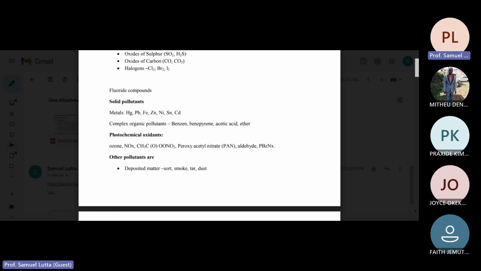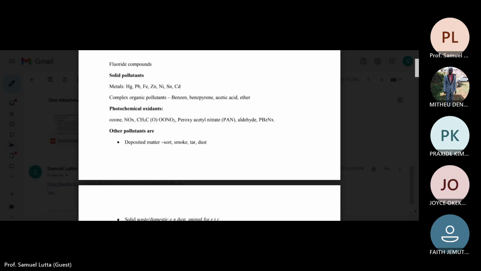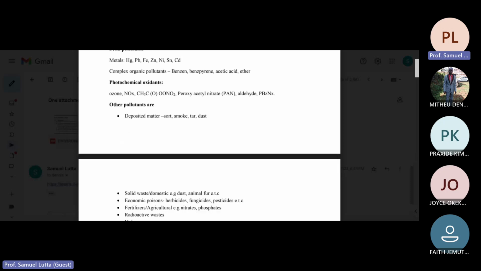And then talked about photochemical reactions. Remember the 5 reactions of photochemical smog, where you have the nitrogen, ozone, oxygen, nitrogen dioxide, the PAN, the peroxyacetyl nitrate reaction. We need to know those reactions. Sometimes you can be asked to do those ones.